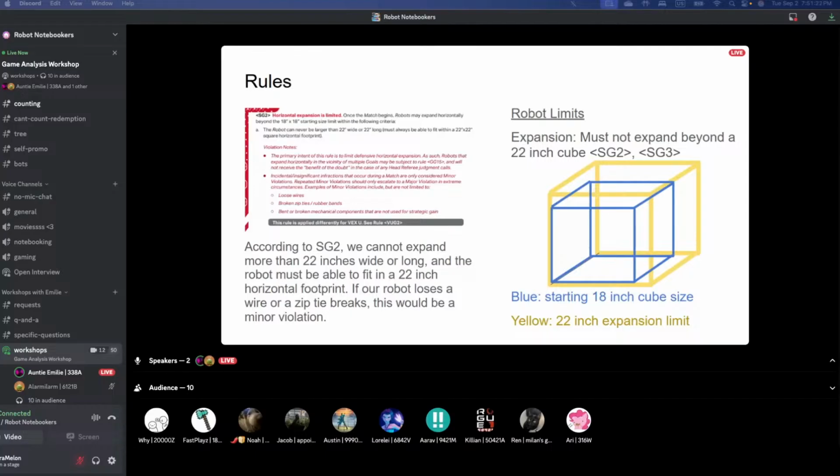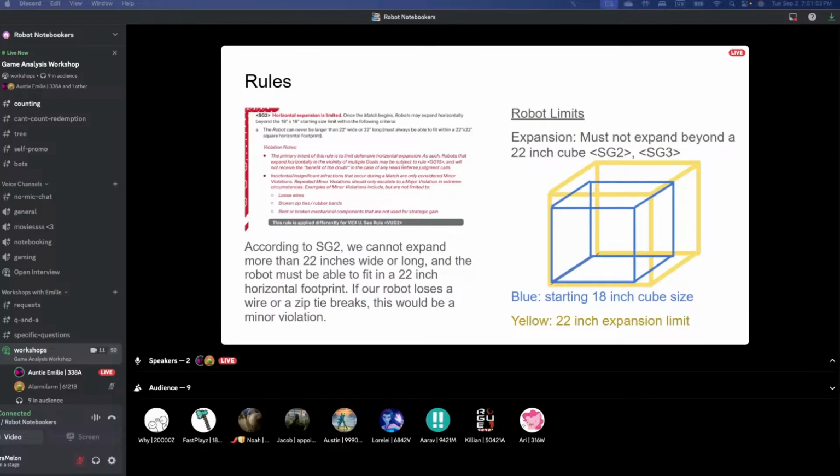It's pretty straightforward this year, but whenever you have games like High Stakes last year with the 6 inches out of only one side, I know people who copied the entire page worth of legal examples and illegal examples, and it's just not necessary because what you're really looking at is how it's relevant to you. So if you don't want to expand that way, you know not to do it just with saying you can only expand one side 6 inches.